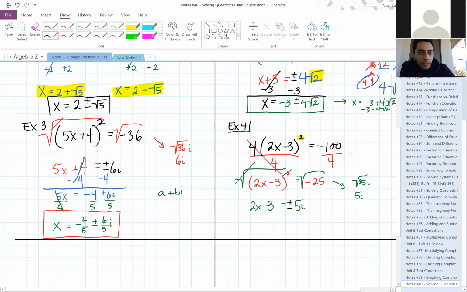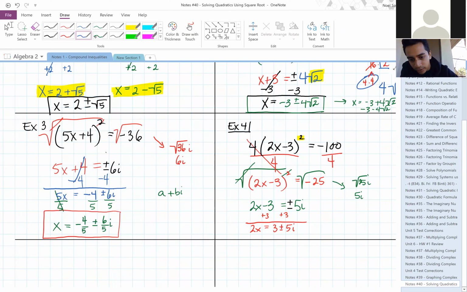All right, let's get x by itself, okay? So now we want to add 3 to both sides. Again, this is a real number plus an imaginary number, so you do not combine those. What you're going to leave it as is 2x is equal to 3 plus or minus 5i, okay? Leave it in standard form. Now we go ahead and divide both sides by 2.